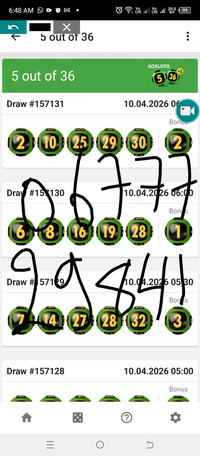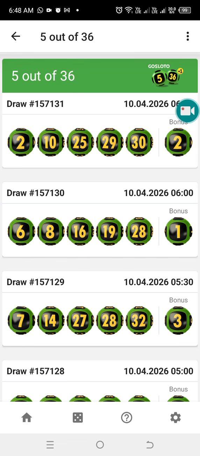Let's check the money strategy, guys. The first one is to take the bonus ball and multiply it by 36.